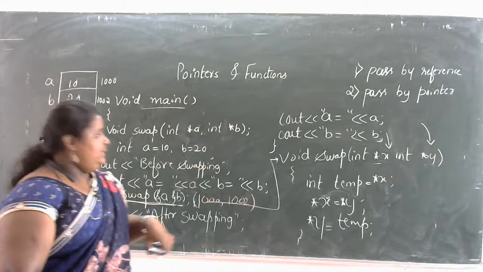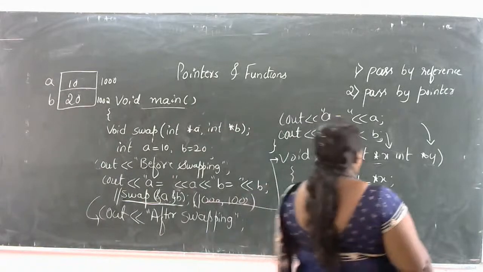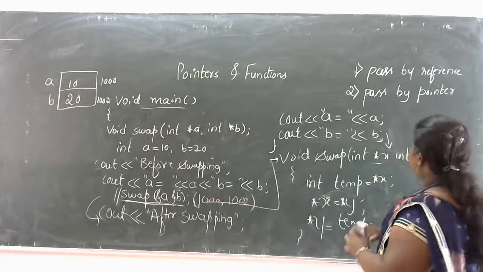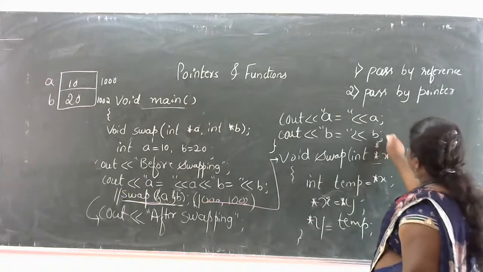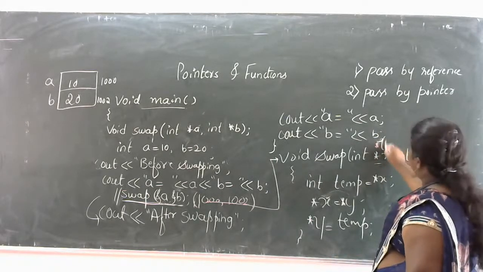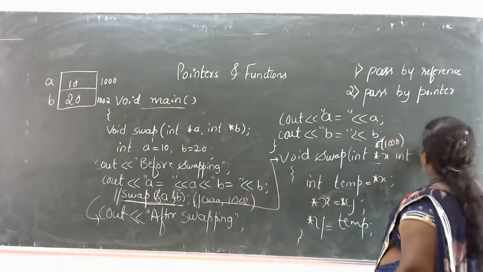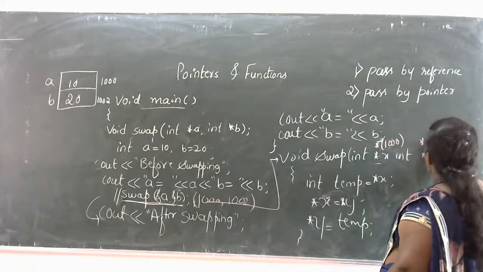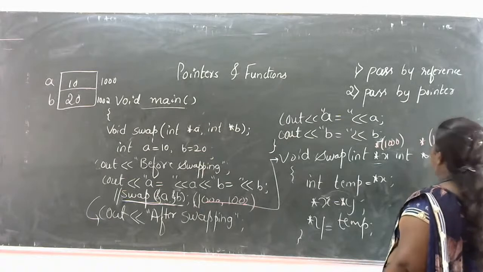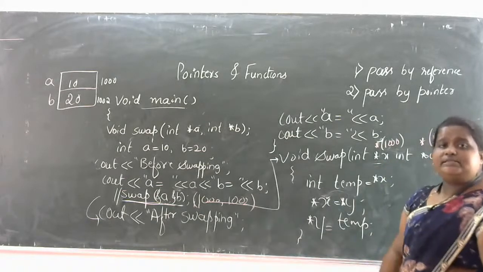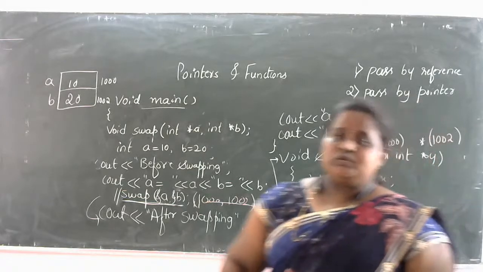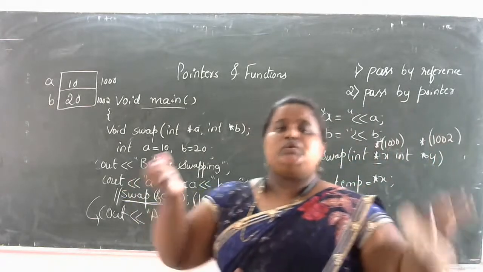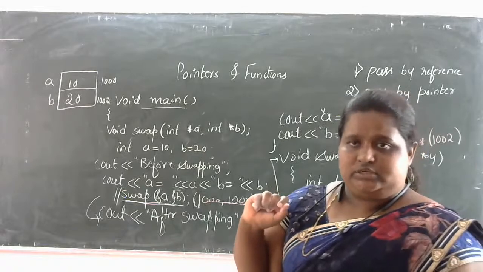Now in x, a's address 1000 will be stored, and in y, 1002 will be stored. What is the star operator? The pointer operator or indirection operator is used to retrieve the data stored in a particular memory location.